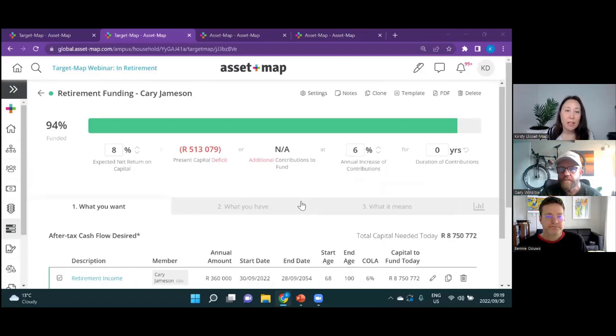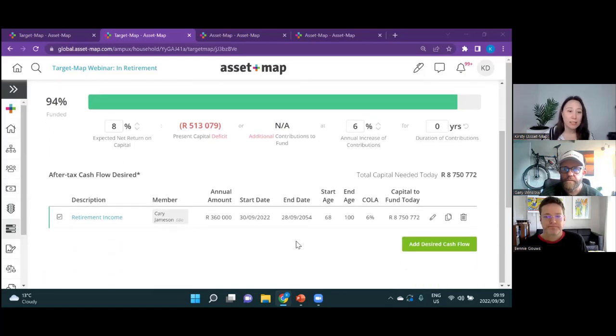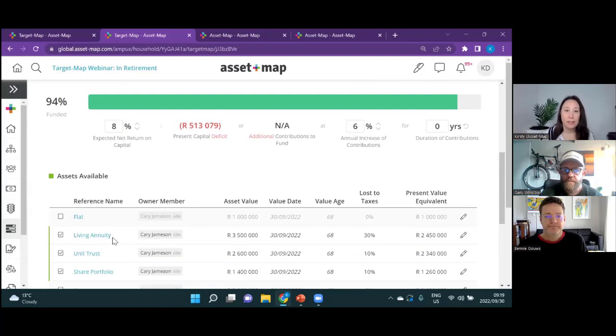From the living annuity, so 100%, that would be a calculation that you could look at to say, if we're drawing 20,000, in this case, we're not taking it from the living annuity alone. We're saying that this client needs 20,000 and there's a pot of funds that can facilitate that. That pot includes the living annuity as well as the share portfolio and the unit trust investments.